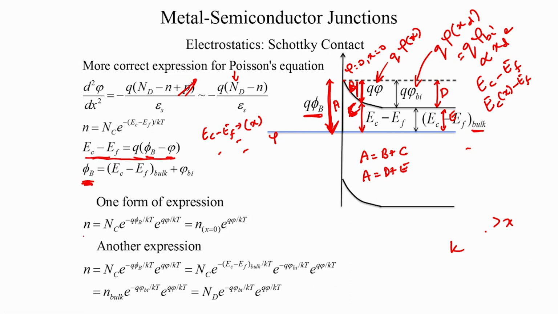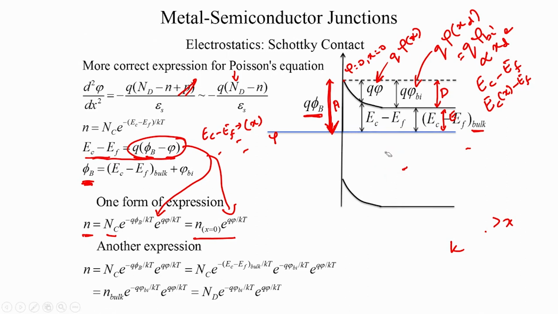So, we could say that n is equal to N_C e to the power minus (EC minus EF) by kT, and we use this expression here and write n as this term here. So, what we are saying is, the expression for n at any location in the depletion region. Okay.